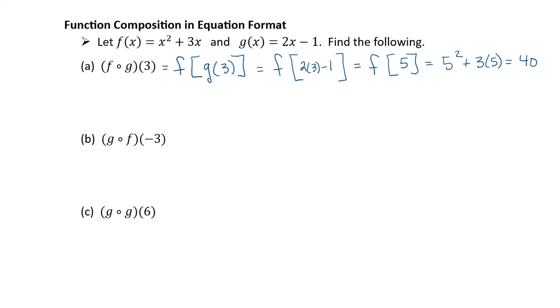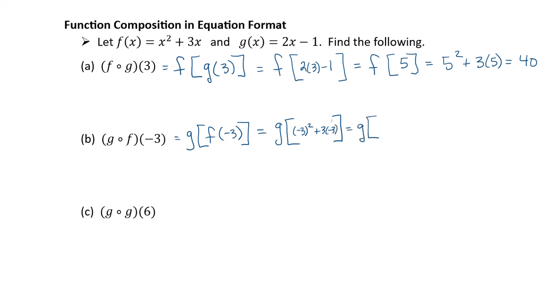Now we have g composed of f of negative 3. This means g is going to be the outer function, and f the inner function, with negative 3 as the input for f. Again, we're going to evaluate the inside first. F of negative 3 is going to be negative 3 squared plus 3 times negative 3.